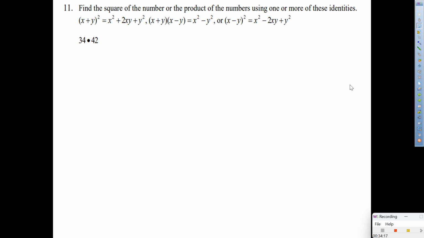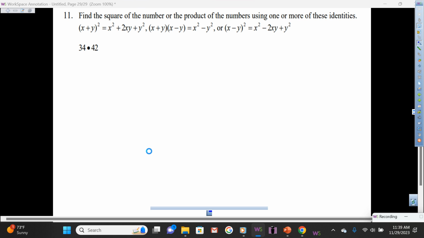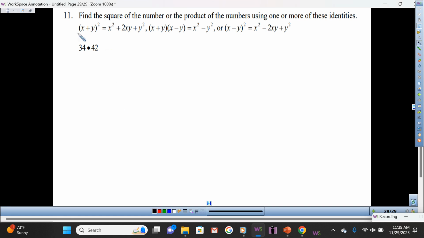Here we go. And it reads, find the square of the number or the product of the numbers using one or more identities. Again, underline the first identity so that you know how many you have. Here's the first one. Box the second one. Underline the third one. Bless you. But now this looks a little bit different.